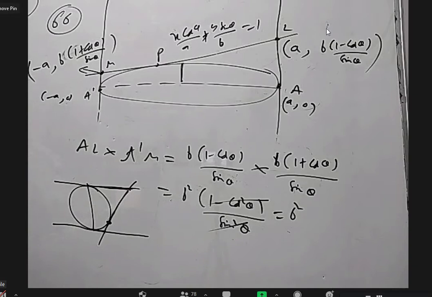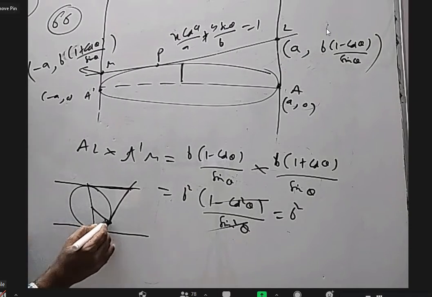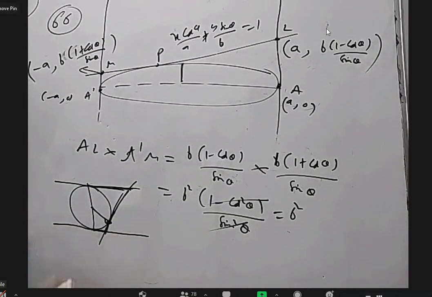Does anybody remember such a thing that we discussed in circle? Anybody remember something of this sort that we discussed in circles? Yes, sir, this into this is r square, this into this is r square.